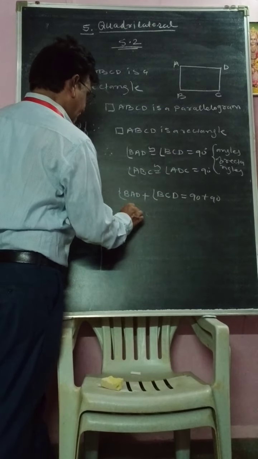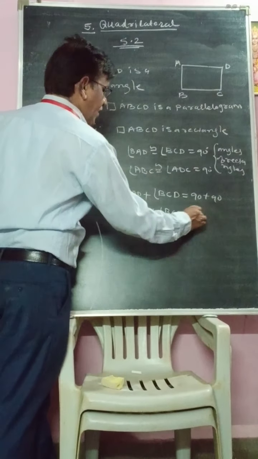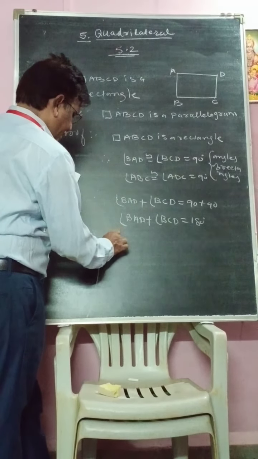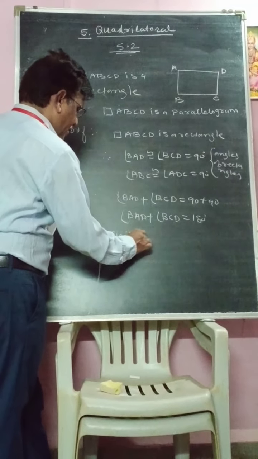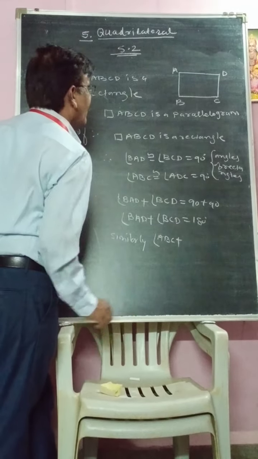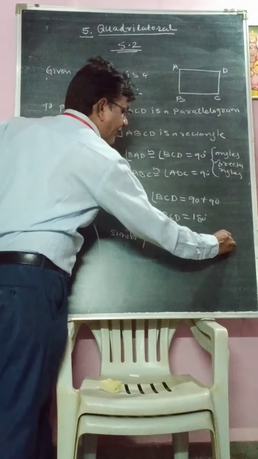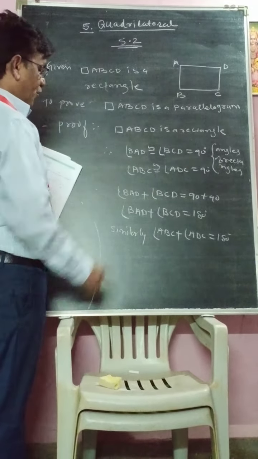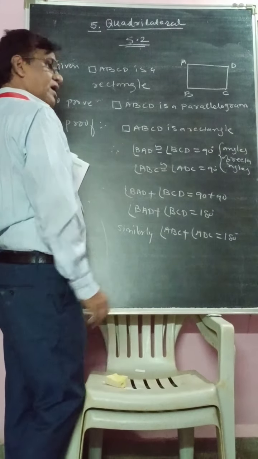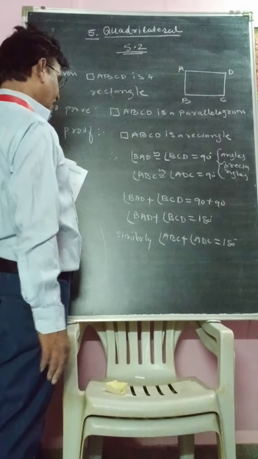It means angle BAD plus angle BCD is equal to 180 degrees. Similarly, angle ABC plus angle ADC is equal to 180. It means opposite angles are congruent or equal.